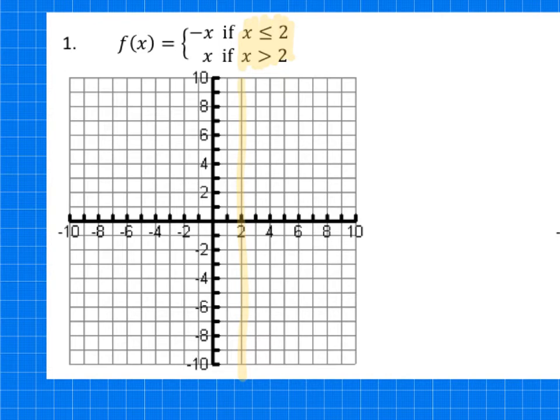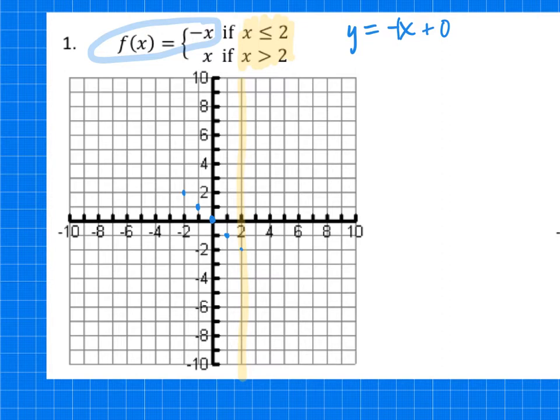Alright, so I have 2 equations here. The top one, which is this part right here, is basically another way of writing y equals -x. To graph that, I have a slope of -1 with a y-intercept of 0. It's another way to write it. So y-intercept at 0, go down 1 and over 1, stop at my boundary.